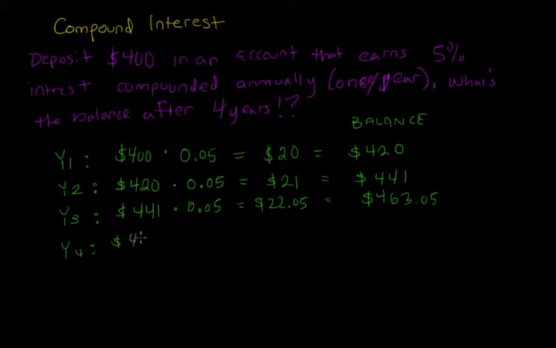We start with $463.05 times 0.05. And that's equal to, and I'm going to do some rounding here, 23.15, and I rounded off some decimal places, but just go with it. And I got $486.20 as my balance. So that was a very lengthy and annoying process.